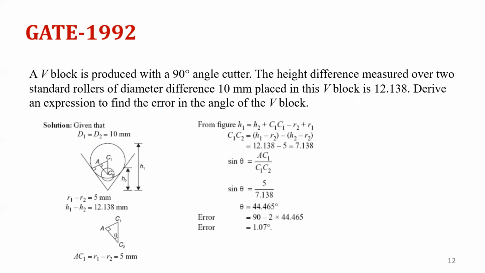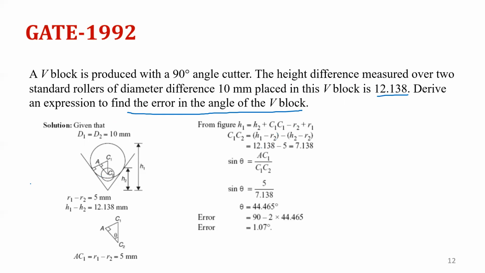A V block is produced with a 90-degree angle cutter. The height difference measured over two standard rollers of diameter difference 10 mm placed in this V block is 12.138. So we need to derive the expression to find the error in the angle of the V block.